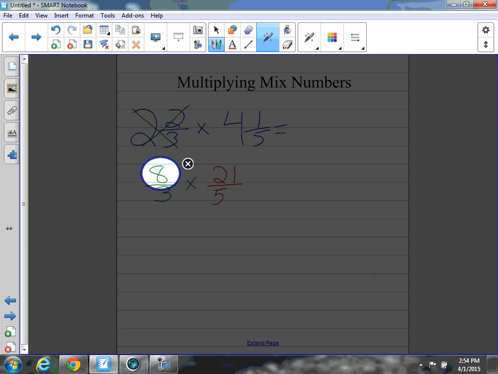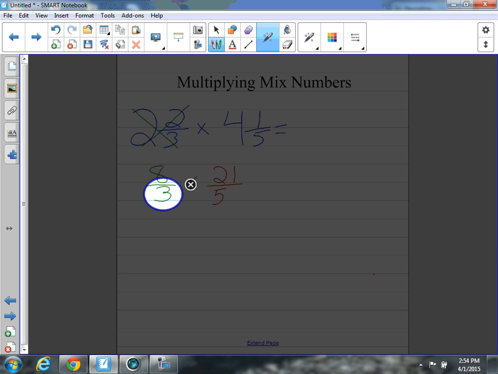To simplify before multiplying fractions, remember you look at diagonals. 8 compared to 5. Do they have common factors? No. The only thing 5 has, it's a prime number, is 1 and 5. And 5 does not go into 8, so I cannot reduce.